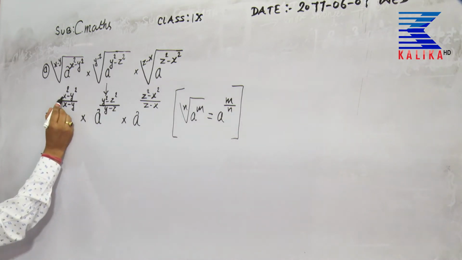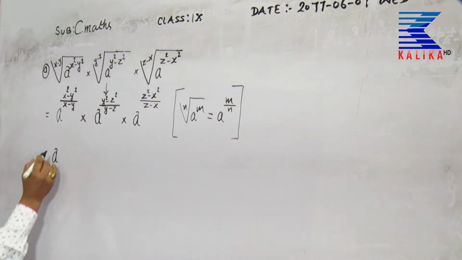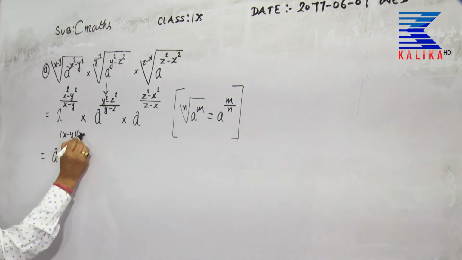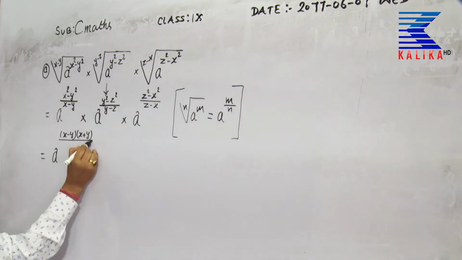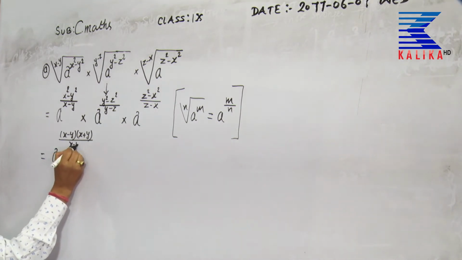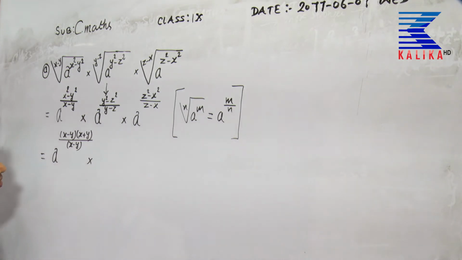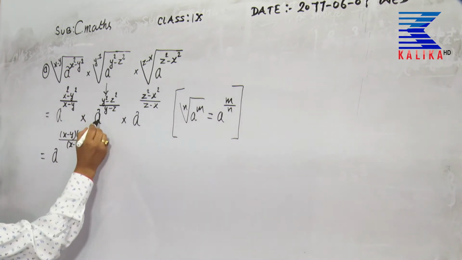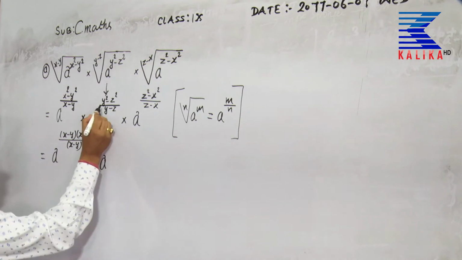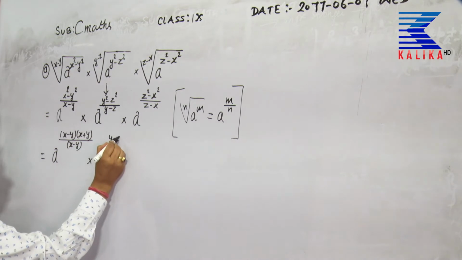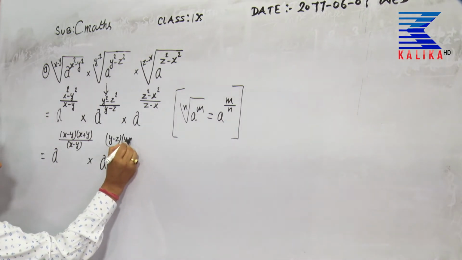Next, x square minus y square is here. You can write it in the formula as x minus y times x plus y. This is the formula of a square minus b square that you have already learnt when you learnt about factorization. Similarly, here y square minus z square is y minus z times y plus z.